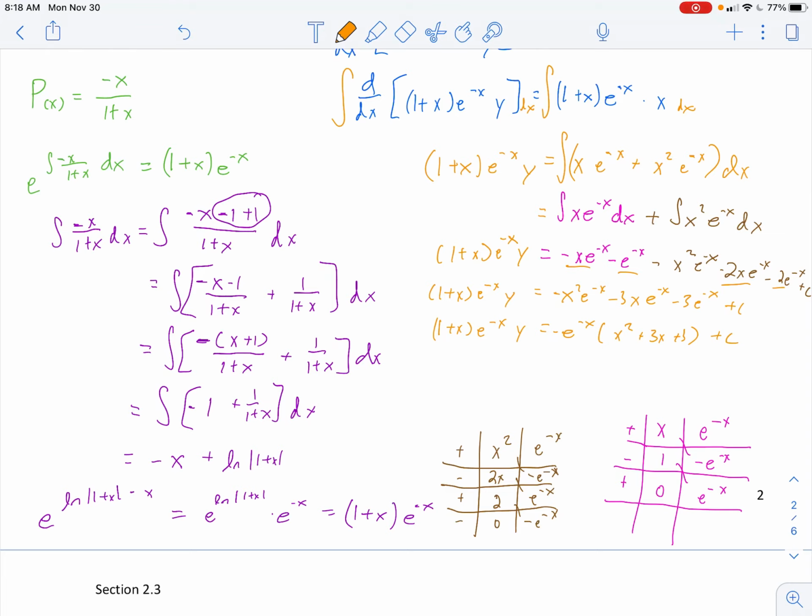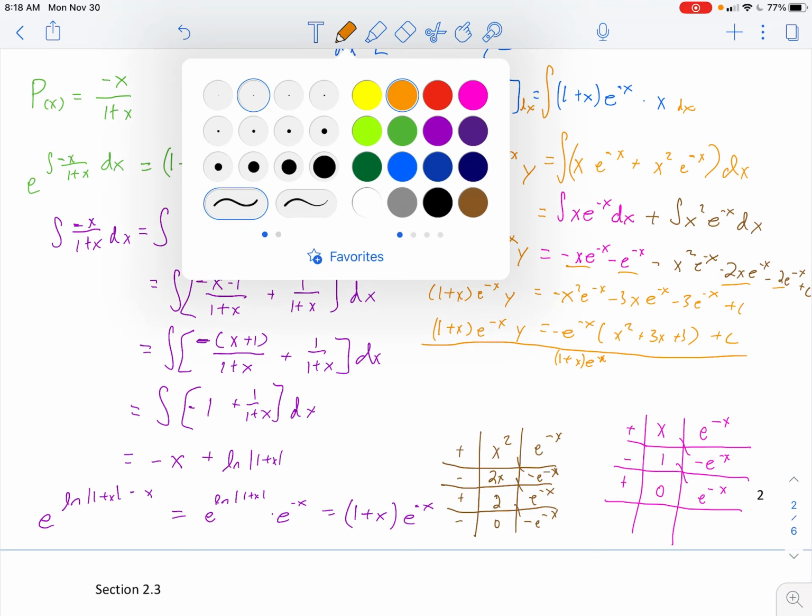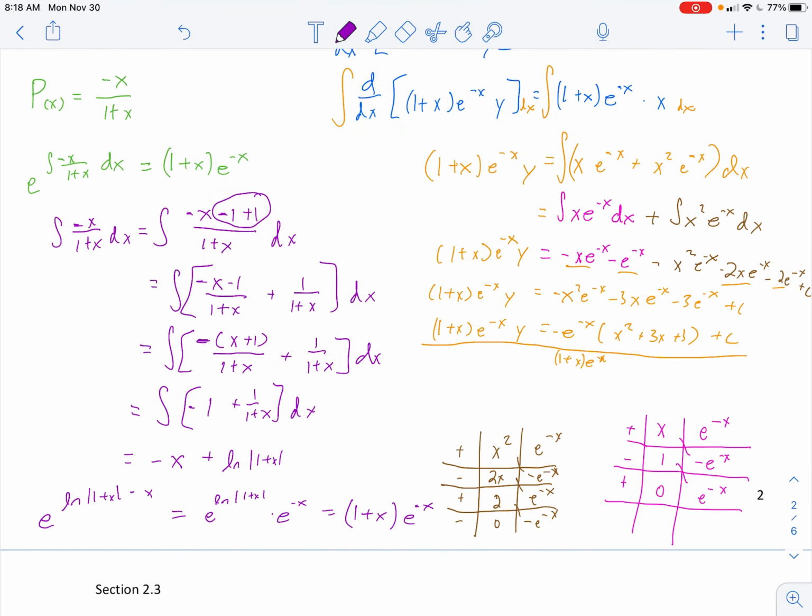And then now divide everything by 1 plus x e to the negative x. And when I do that, I'm going to get y. I'm going to do this in a different color because here's our answer. y is equal to, that's going to cancel out.